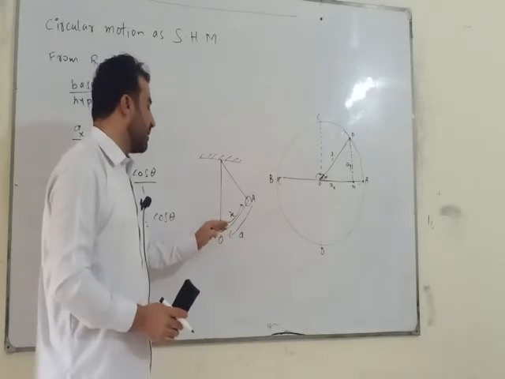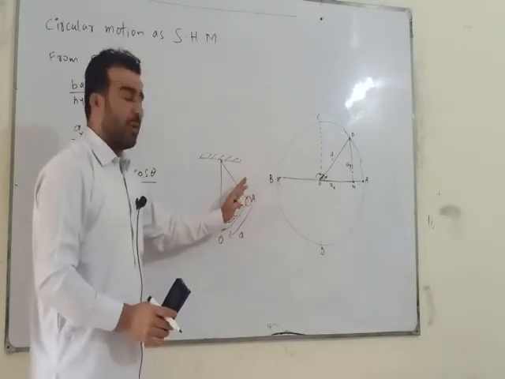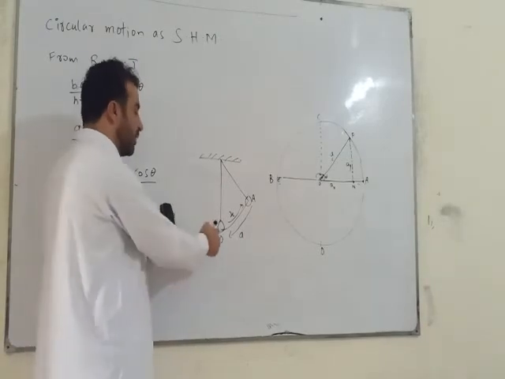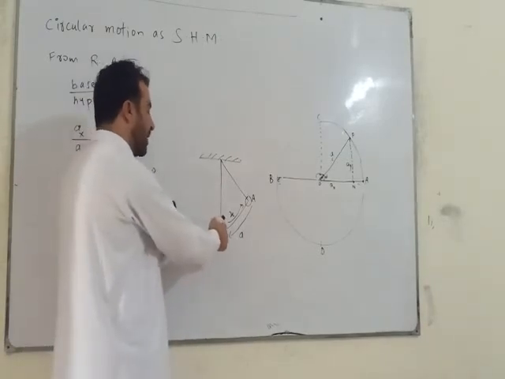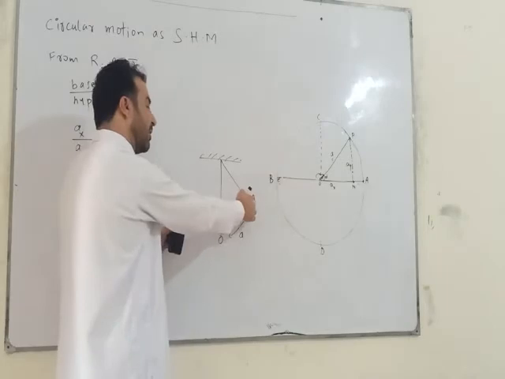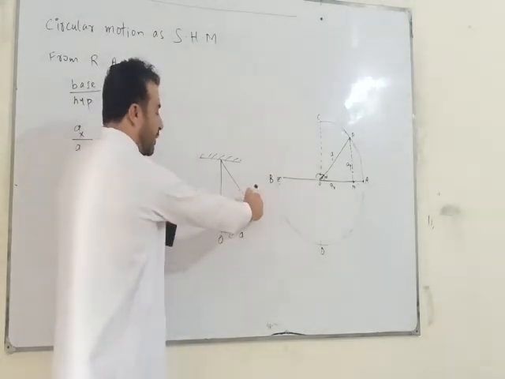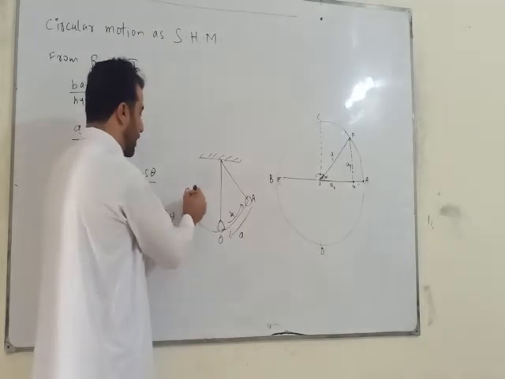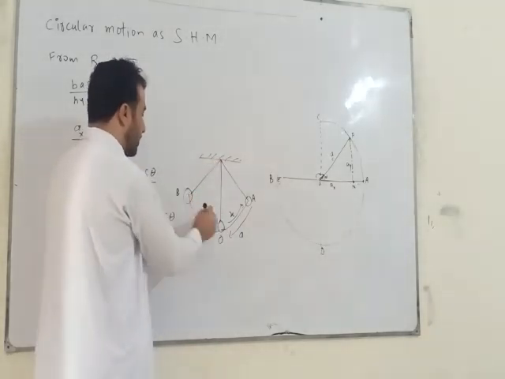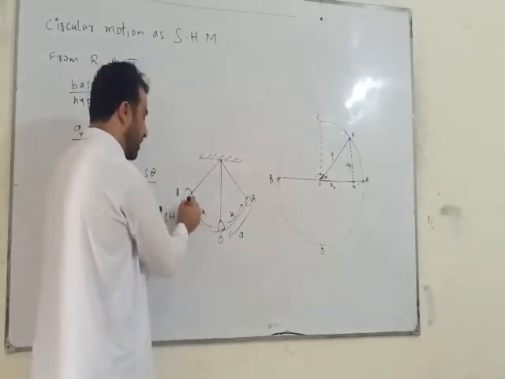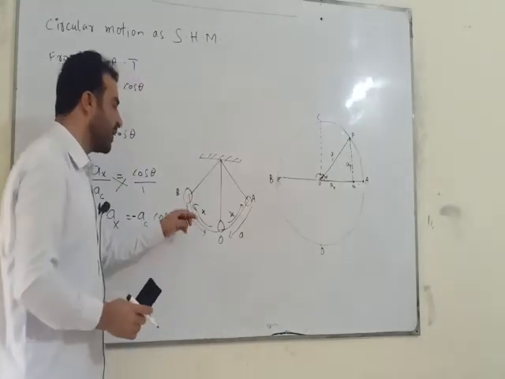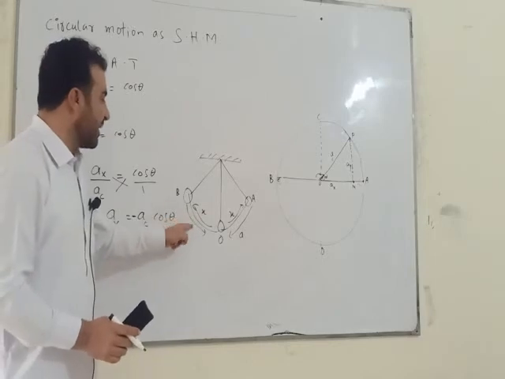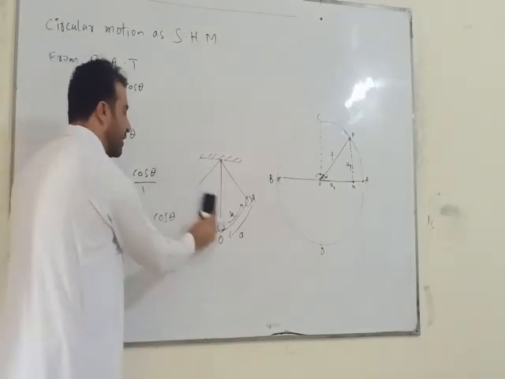Whatever the direction of displacement is, the direction of acceleration will be opposite to it. And if you move the body from O to the other extreme, which is B, the acceleration is again opposite to displacement. Acceleration always tends to move towards the mean point. So A and X are always oppositely directed.